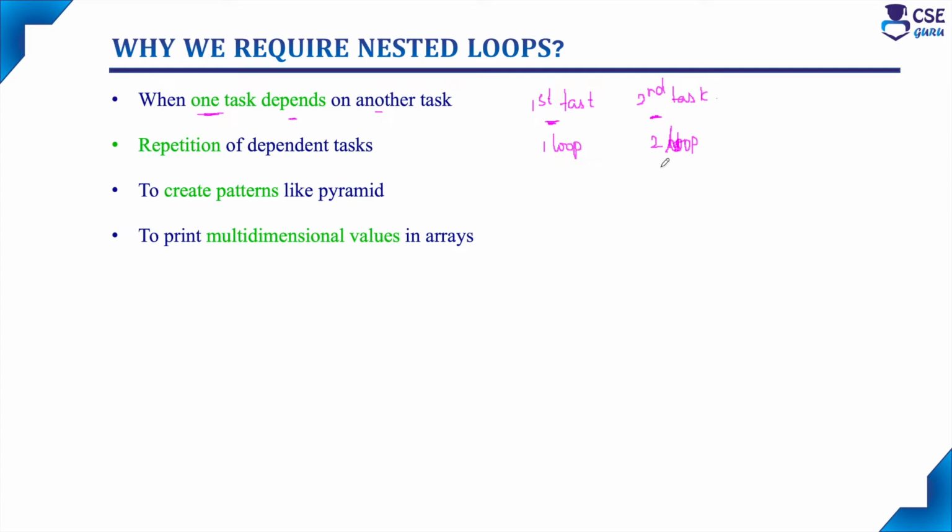One loop should be placed within another loop if we want to execute both tasks. So, when one task depends on another task, we require a nested loop.